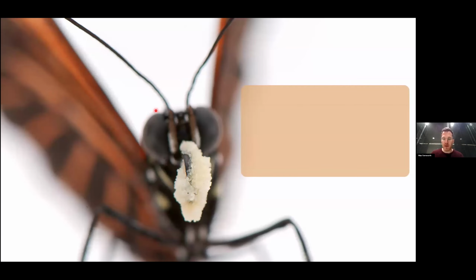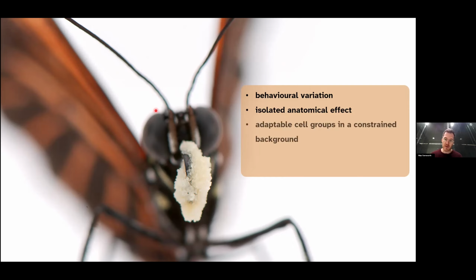So as a short summary, before I go into my developmental spin at the end, we have a system where we have a very isolated behavioral variation effect, right? The pollen feeders are very similar behaviorally to non-pollen feeders. They just differ primarily in this pollen feeding behavior. And corresponding to this isolated behavior, we have an isolated anatomical difference in those two groups, mainly related to or surrounding these mushroom body expansions.